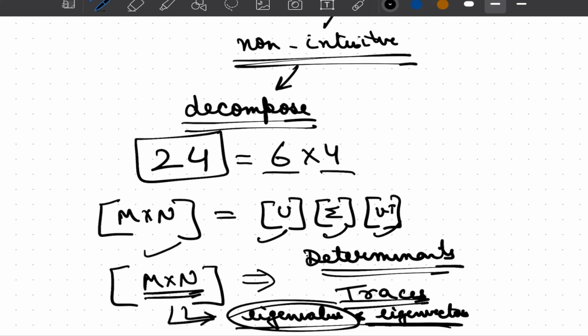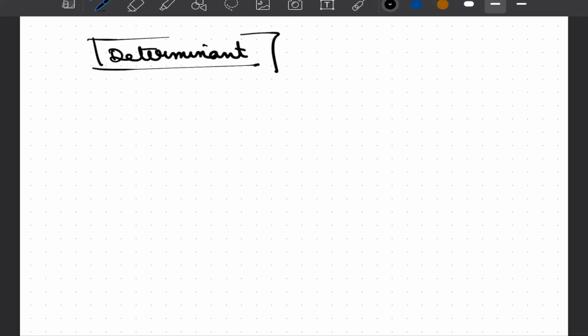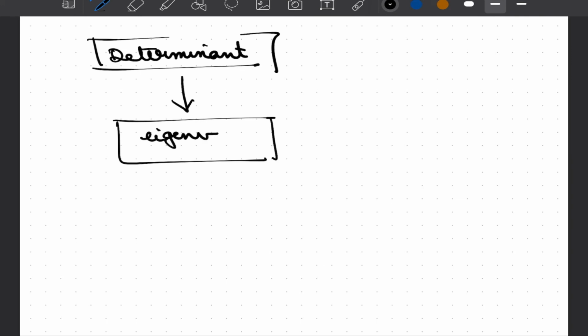Now, going towards our mind map, let us see how the concepts that we are going to learn in this chapter will help us achieve our machine learning goals. We will start our discussion with the most familiar concept, if you have ever dealt with matrices, which is the calculation of the determinant. But we will look into some non-trivial insights about determinants. From determinants, we will use the concept to determine the characteristic polynomial, which in turn would help us determine the eigenvalues.